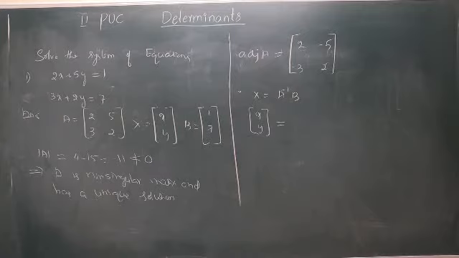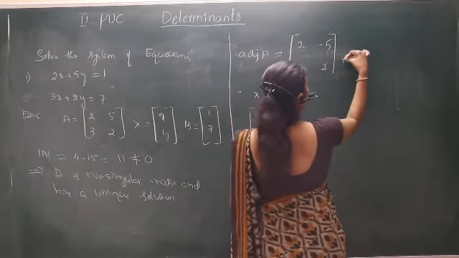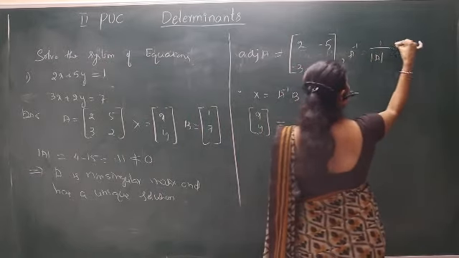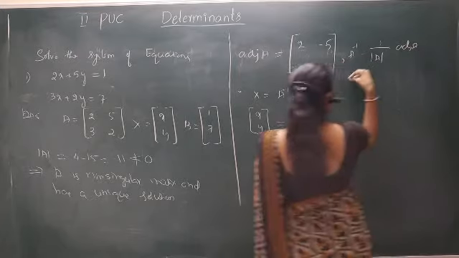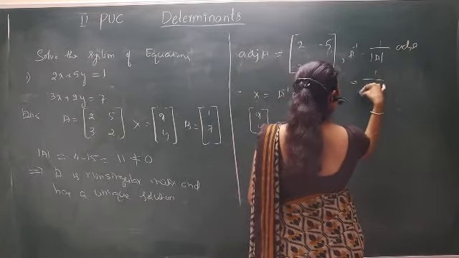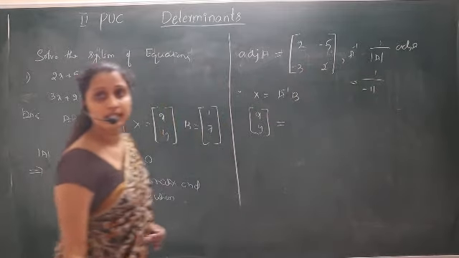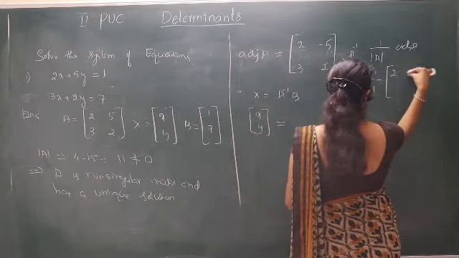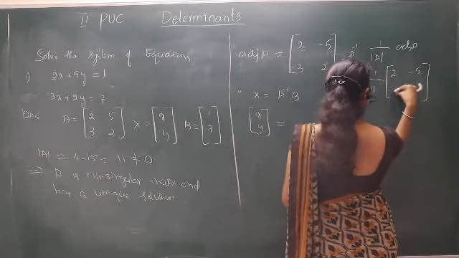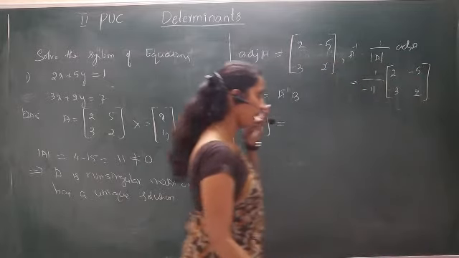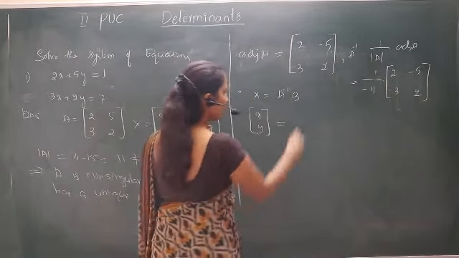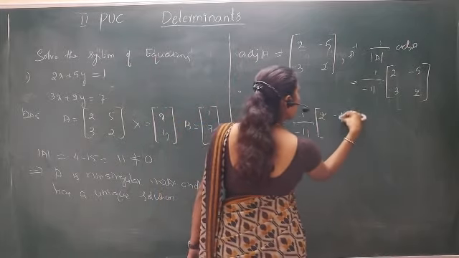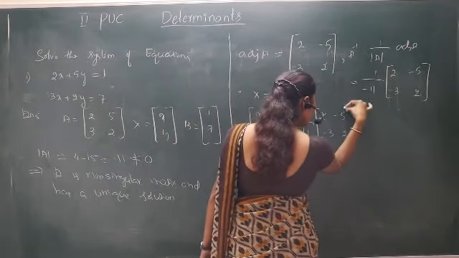Before that we have to calculate A inverse. A inverse is equal to 1 by determinant of A into adjoint of A, which is 1 by minus 11 into the matrix 2, minus 5, minus 3, 2.